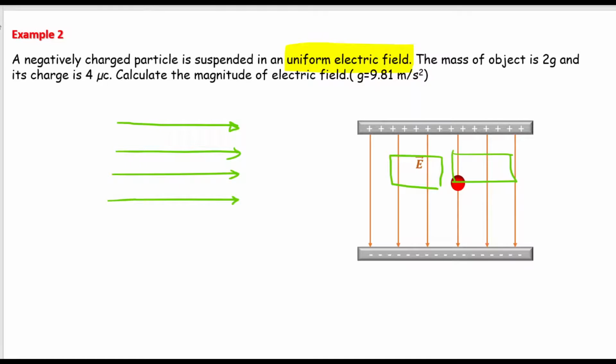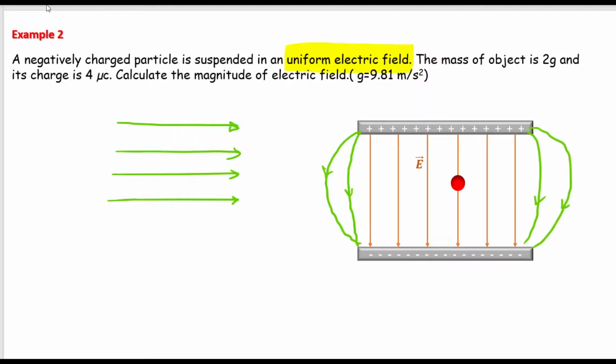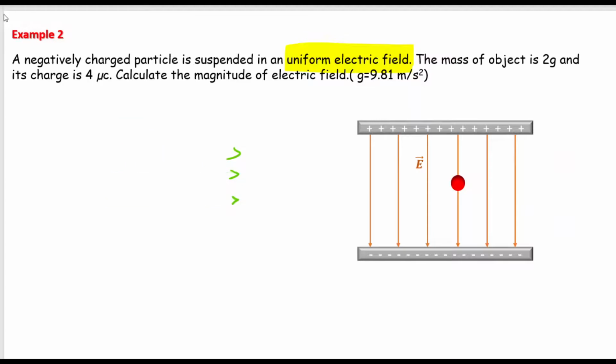But at the edge of these plates, the electric field lines will bend like this, and we cannot say that the electric field in these areas is uniform because the lines are not parallel, and as you see, the density is not uniform. If I consider this region here, the lines are closer compared to this. So the best way to create a uniform electric field is to put two parallel plates that are charged.